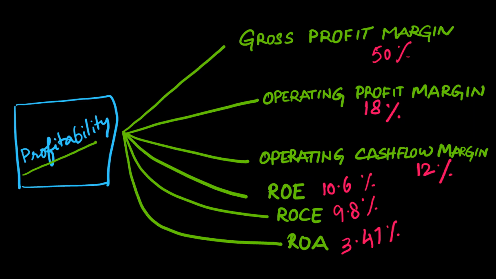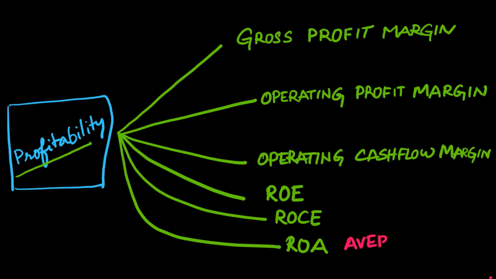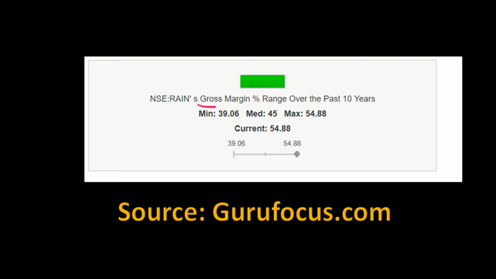For each of these ratios, instead of taking the value for 1 year, let's consider 5 years. The profitability ratios look good.